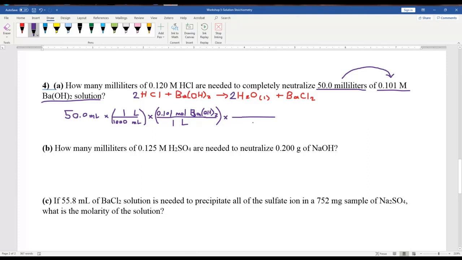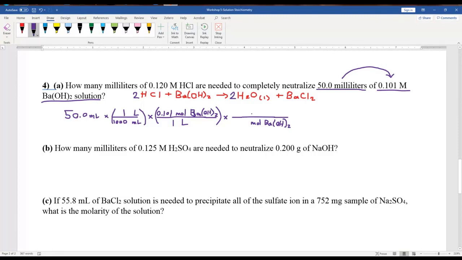All right, so what comes on the bottom of the next conversion factor? How about moles of barium hydroxide? Very good. It's pretty much assumed that whatever was previously on top is what then goes on the bottom. Now, it's important to always keep in mind and keep looking back at what we are actually trying to calculate. What are we trying to find? We need milliliters of hydrochloric acid. Yeah, so I need milliliters of HCl. So before I can figure out milliliters of HCl, I probably have to convert to what?